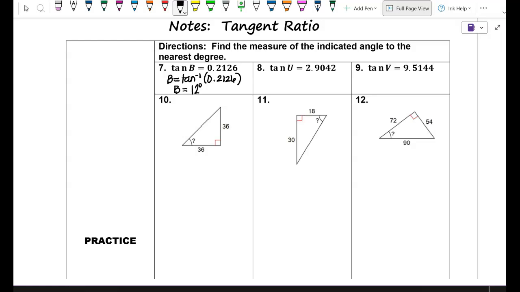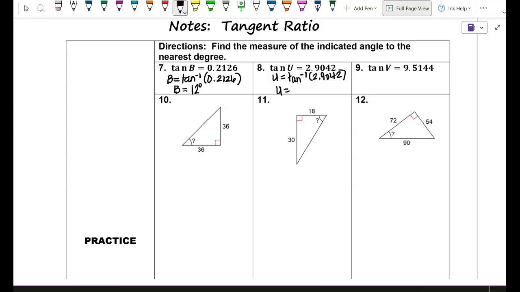Number 8, the tangent of U equals 2.9042, which means that U has to equal the inverse tangent function of 2.9042. So we're going to use the calculator again.